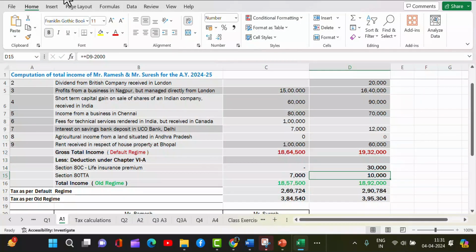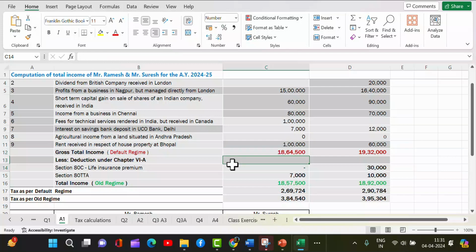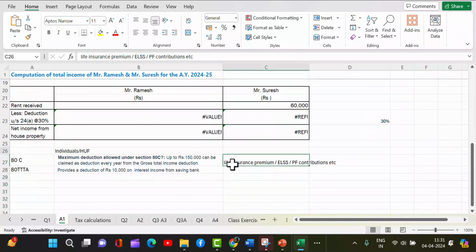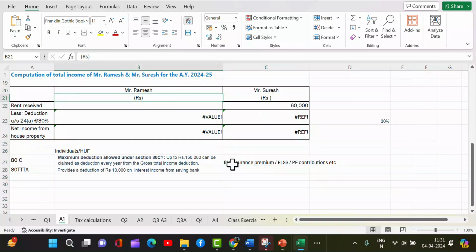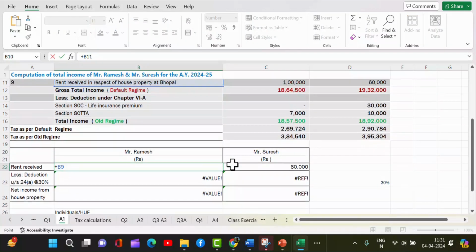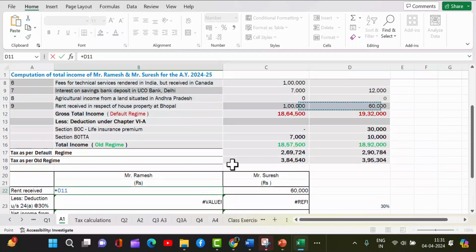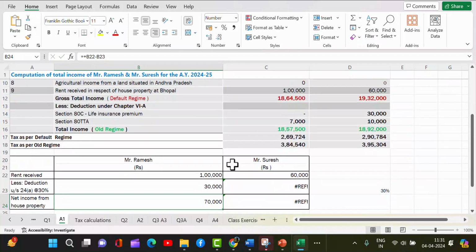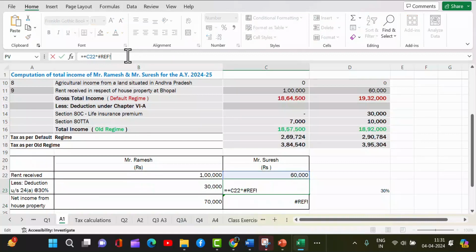Okay, fine. So what is there is the rent receipt. Now I have to give it here. What is the rent receipt? 1 lakh. Now in this case also we have to put this.